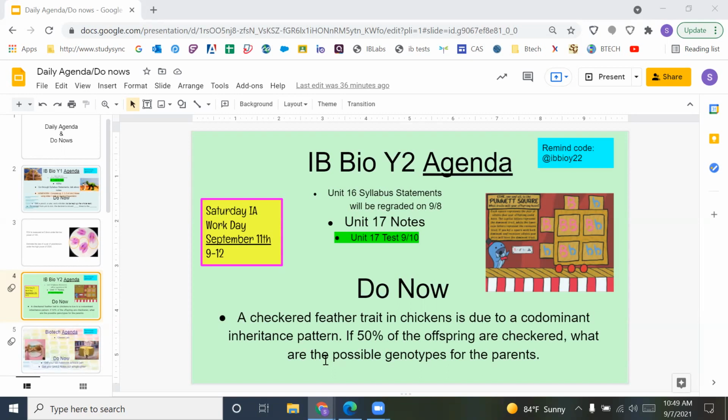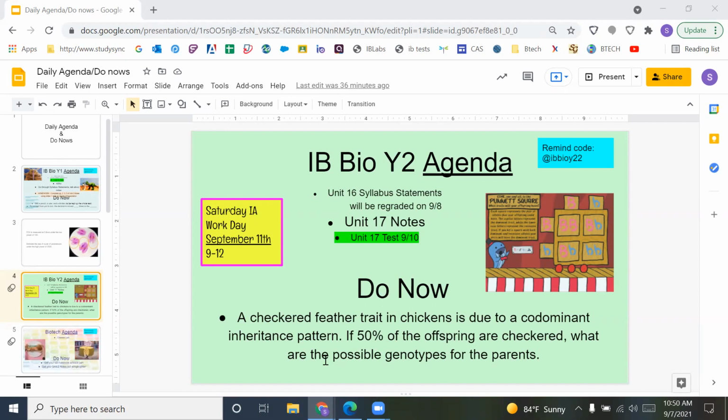Okay, that's one option. CW, CW, CW, CW, right? Okay, so would this satisfy 50% of our offspring are checkered? Yes. Okay, so if this is true, what would our parents have to be? So if this is CB, this has to be CW.